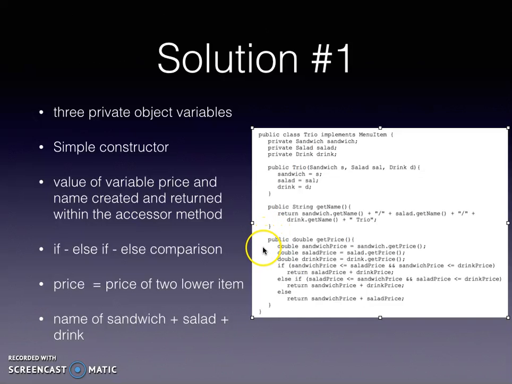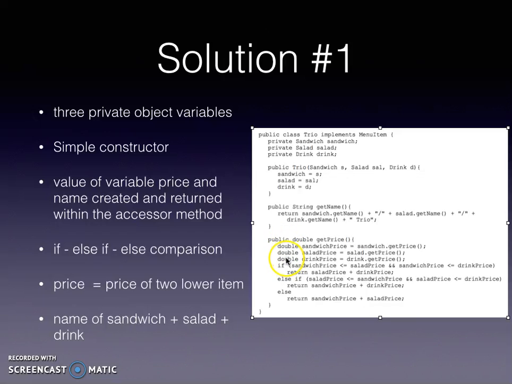And here is public double getPrice, which declares and initializes 3 local double variables, connected to the getPrice method of the 3 object classes that also implement the interface.